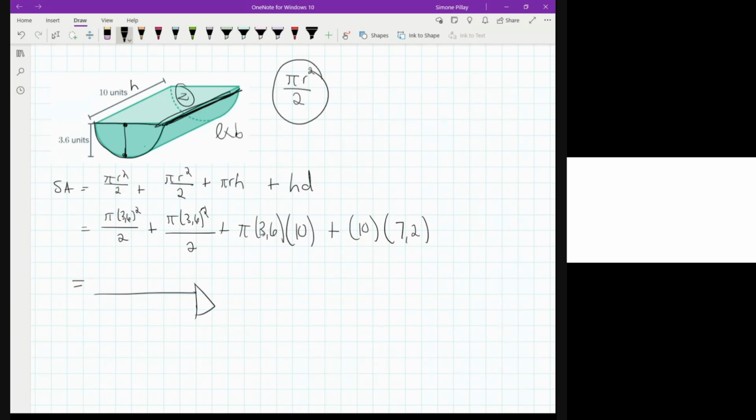Are you happy with that? Yes, ma'am. Cool. Now, because we said this was a closed shape, I also needed to calculate the area of the cover that would be on the top. Are you with me here? Yes, ma'am. And the area of this would be the same variable that I've called h now.